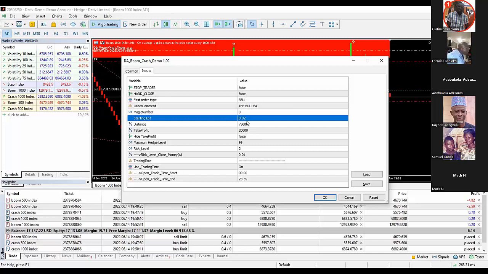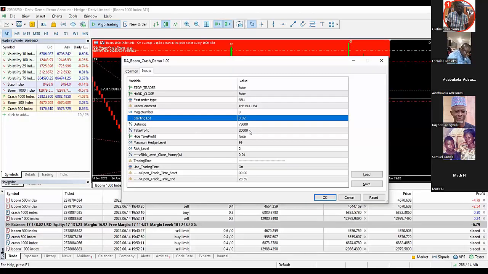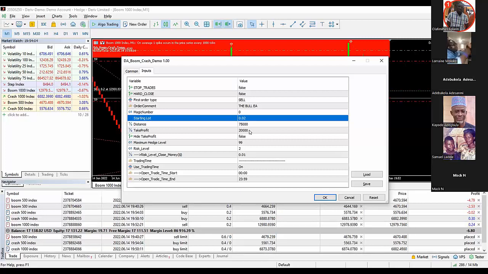Okay. Now, listen carefully about distance and take profit. If you look at this demo, distance is 75,000 between one lot size, between one boom and another boom. 75,000 is okay because if I tell you that I used this setting on 4 assets with $6,000 capital and in 4 months it became $17,000, that means it's okay.